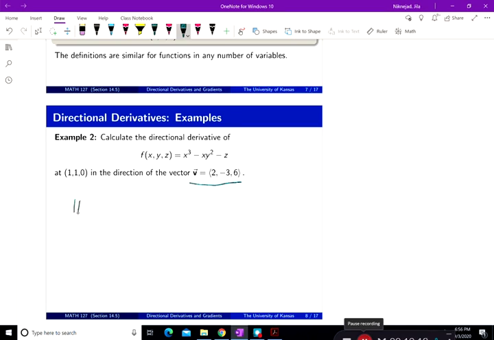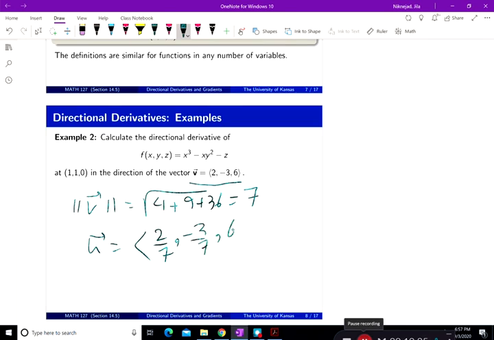Let's calculate the magnitude. Square root of 4 plus 9 plus 36, square root of 49, that's 7. And so u, the unit vector in that direction, is 2 over 7, minus 3 over 7, and 6 over 7.